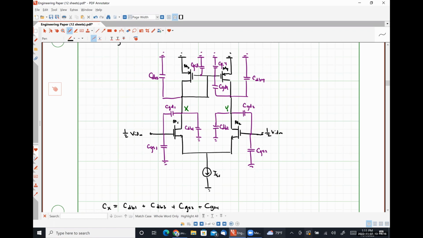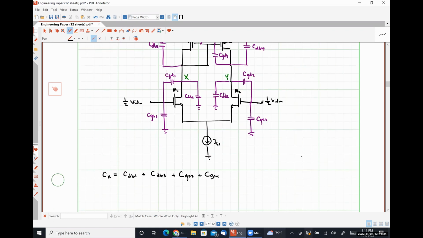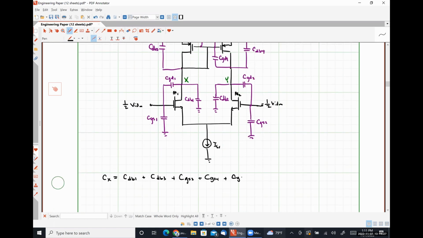If our gain is large, effectively all of CGD1 will appear connected between the output and ground. So I'm going to put CGD1 here, and I'm going to put a little asterisk here that lets us know this is an approximation, because we are using Miller's theorem to approximate what that capacitance is going to look like between that node and ground. Are we okay with that?